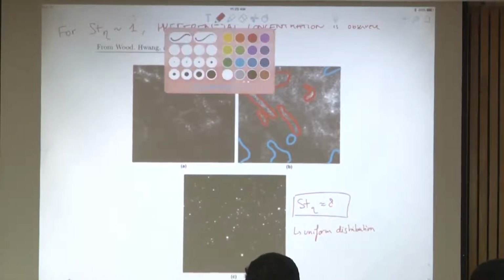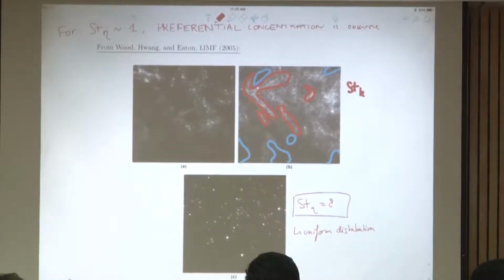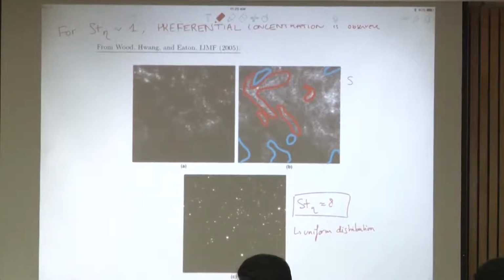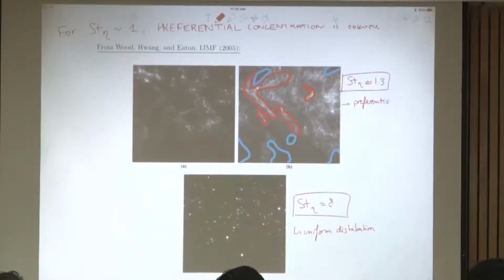So this is what we refer to, so this is ST eta equal to 1.3. And there we see a tendency for particles to concentrate preferentially in certain regions of the flow and leave preferentially other regions of the flow.